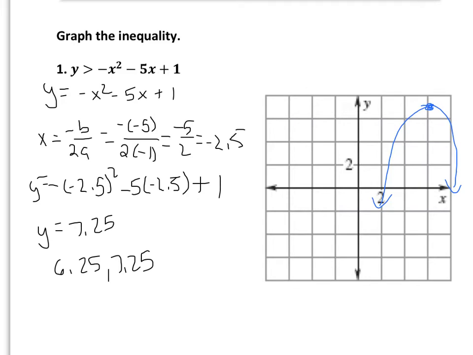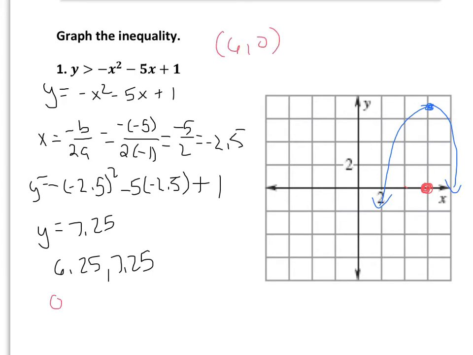Now it says pick a point. Okay, so I'm going to pick this point right here. That point is 6, 0.